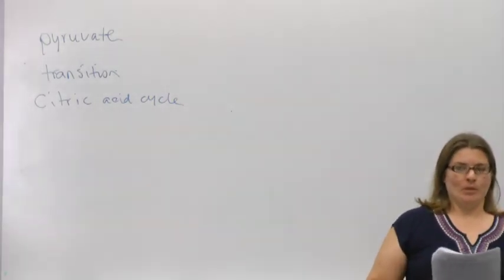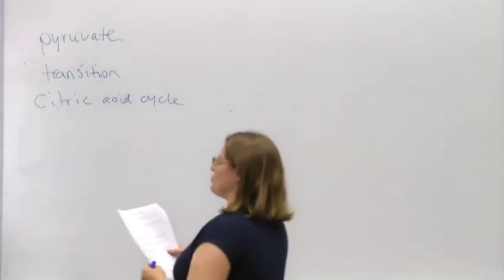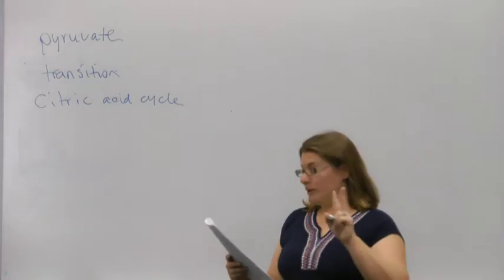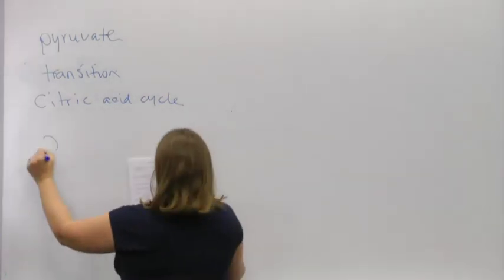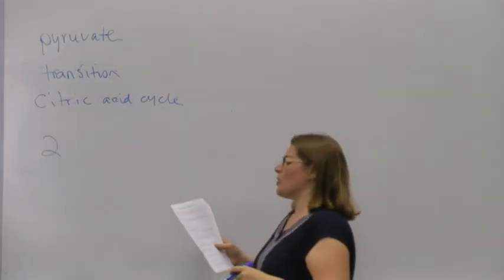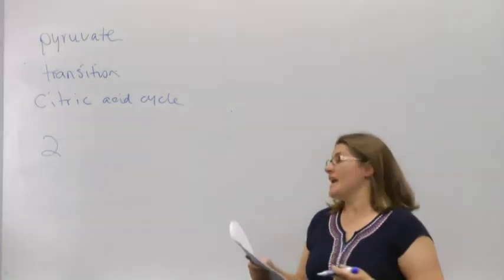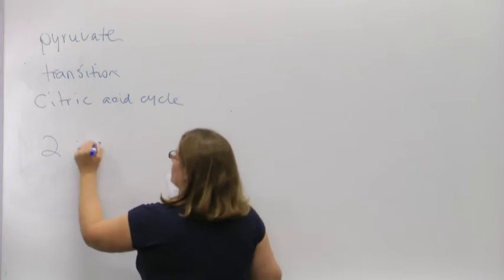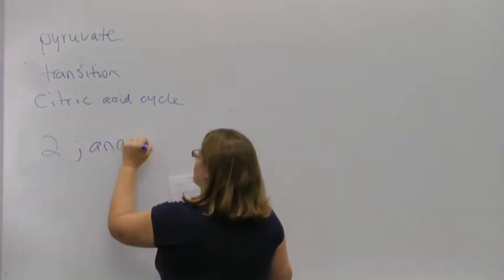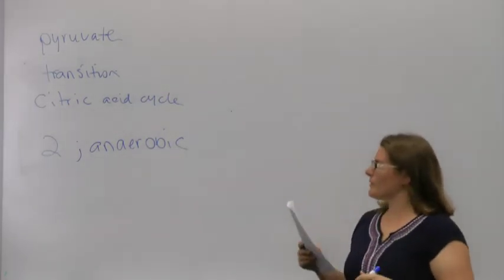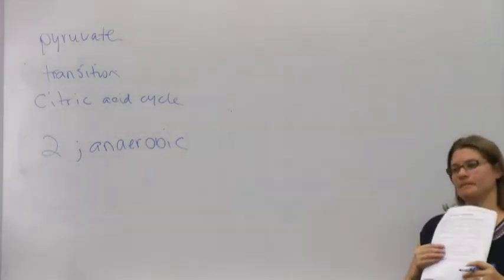Okay? So what about glycolysis? Number two, glycolysis produces a net gain of only two ATP molecules per molecule of glucose by what kind of respiration is that? Anaerobic respiration. Is that with or without oxygen?